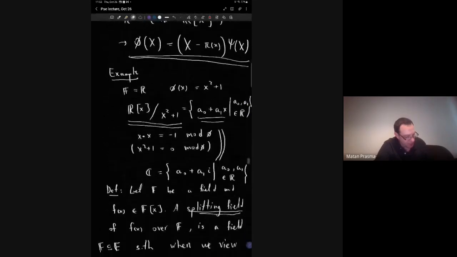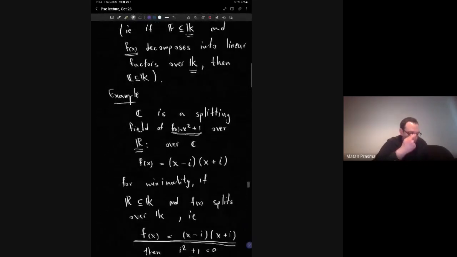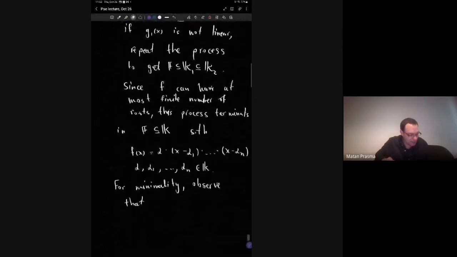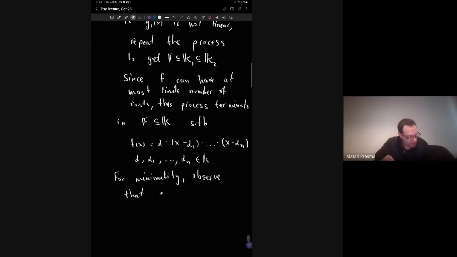And so the same goes here. For minimality, observe that K1 is the minimal field containing F and alpha.